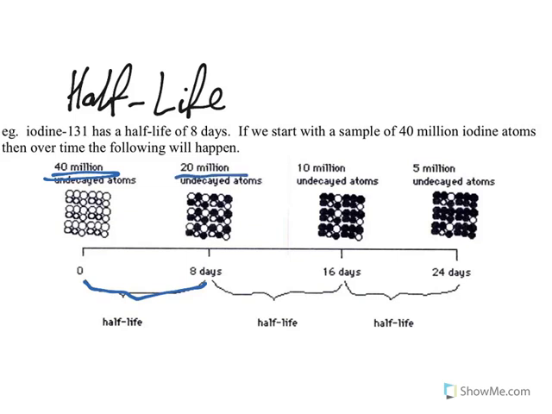In another 8 days, another half-life, half of that decays, so we now have 10 million left. In another half-life, another 8 days, half of that decays, so we now have 5 million left. That's quite an interesting relationship, and all radioactive decay elements work in that way.